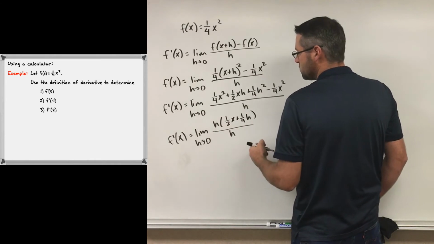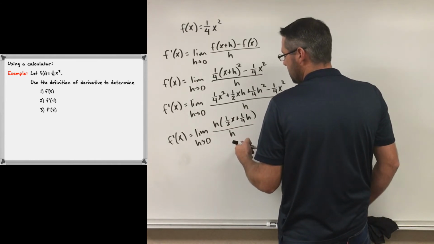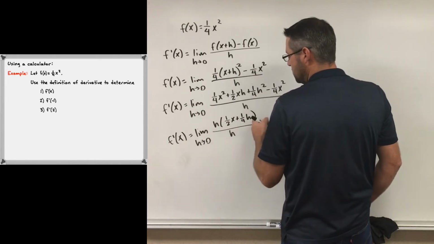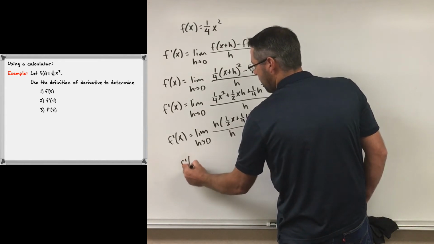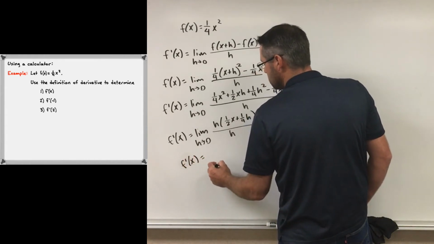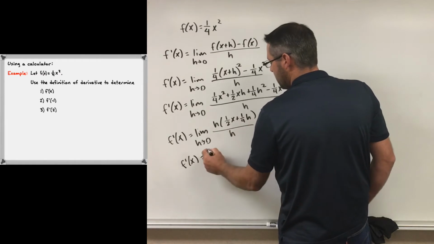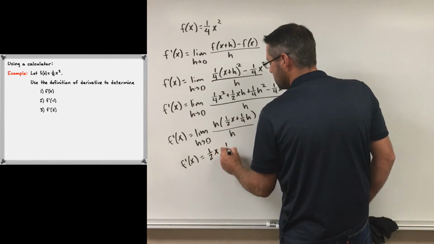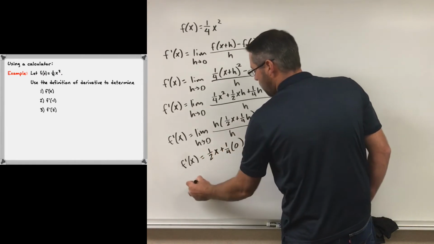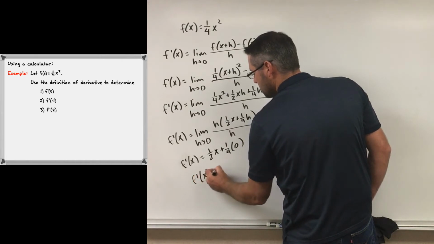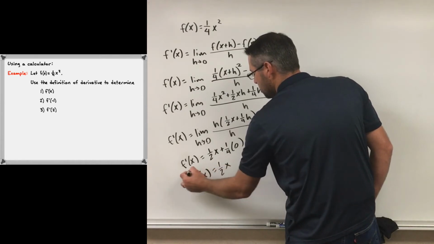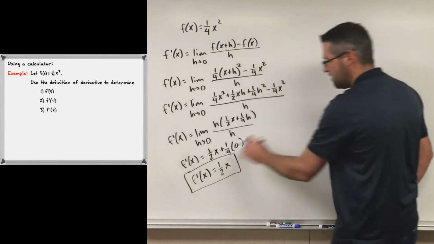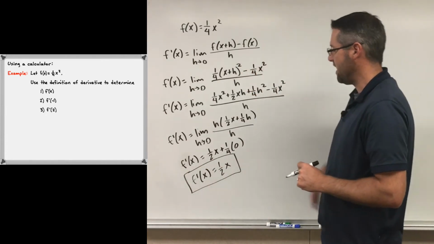We can see that the h is reduced, and then we can plug in 0 for h. And so we can say that f prime of x is equal to 1/2 x plus 1/4 times 0, or simply put, 1/2 x. So here's number one. We have the derivative function, 1/2 x.